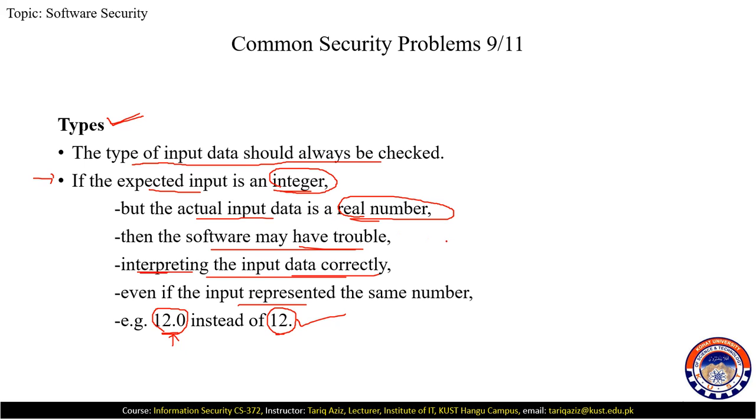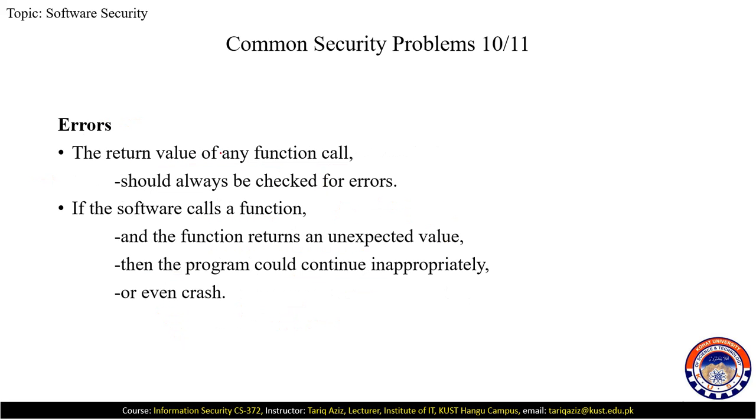Okay. Now, dear students, the next security problem is the error, which means that if your function returns a value, then this value should always be checked for errors. Why? Because if these values are not checked for errors, and your software calls a function and the function returns an unexpected value, then what will be the problem?